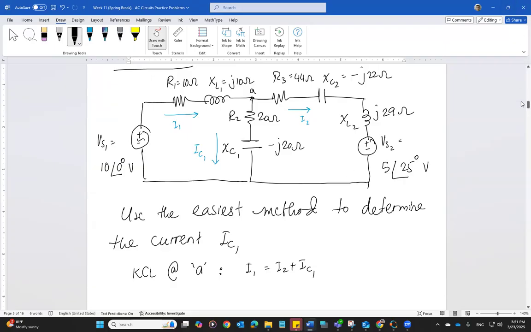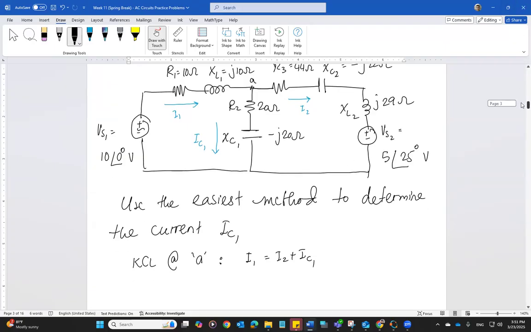Now we apply Ohm's law to write down each of these currents in terms of the unknown voltage of node A. So I have I1 equal to Vs1 minus Va over the impedance Z1, which is the series combination of R1 and XL1. And in my MATLAB, I'm just going to call it Z1.